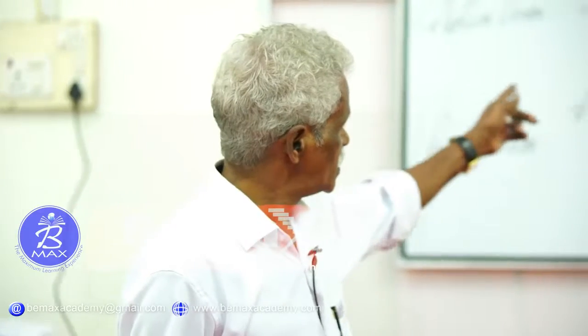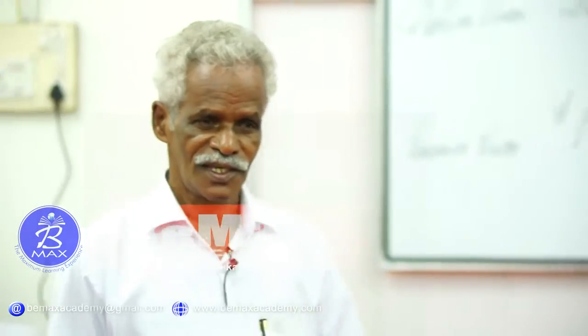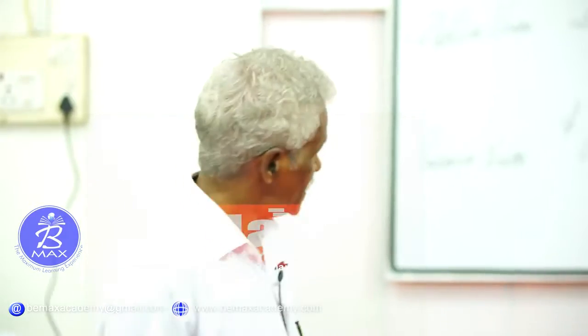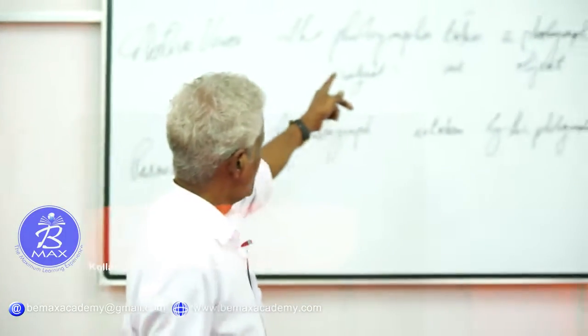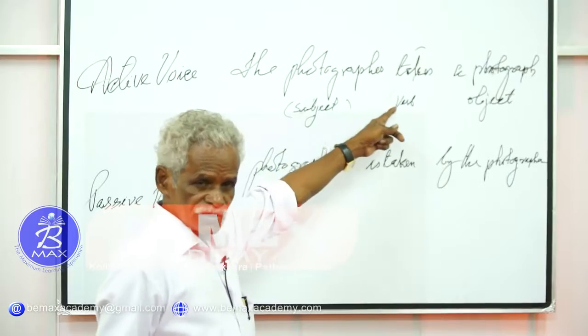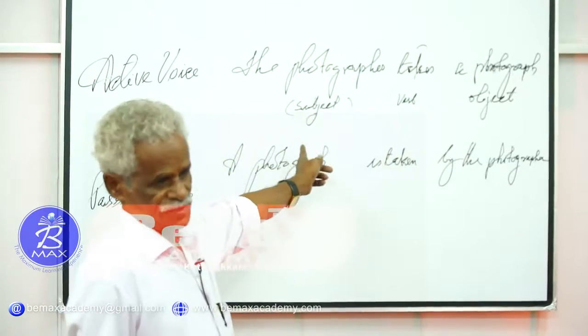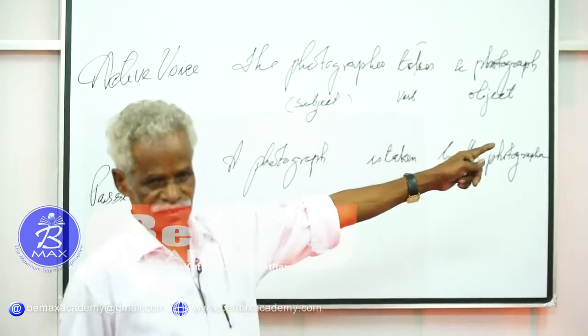A photo taking action is there, and the photographer is taking the photograph. If you say a photographer takes photograph, or a photograph is taken by the photographer, these two contain the very same idea. But in the first case, the verb gives importance to the subject. The subject does that.